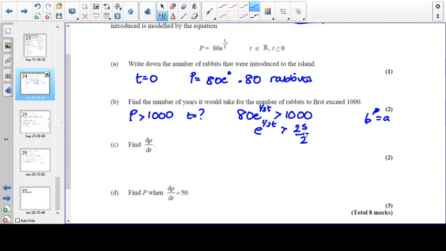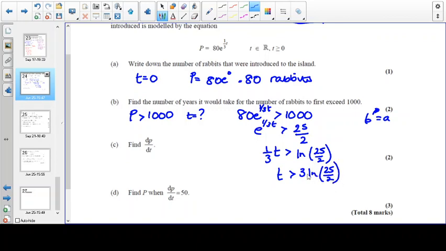This is now in exponential form, so we're now going to log form. So a third t is greater than the log of 25 over 2. So t is going to be greater than, if I times everything by 3, 3 log 25 over 2.